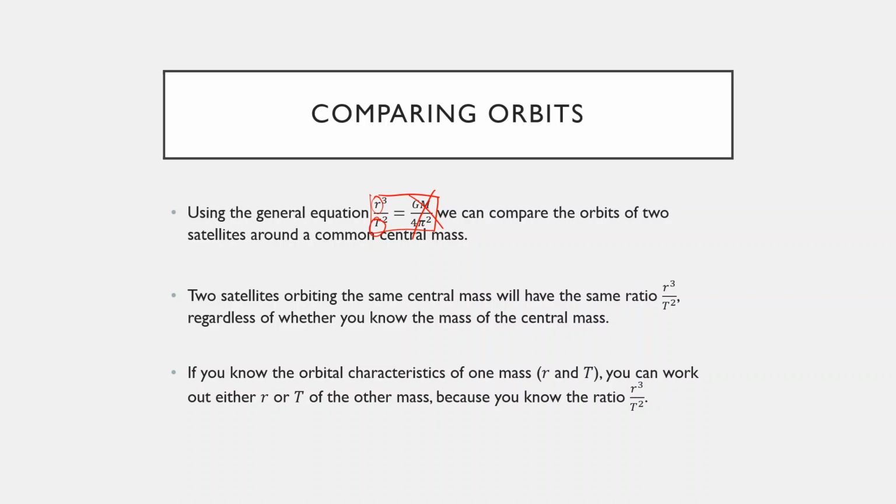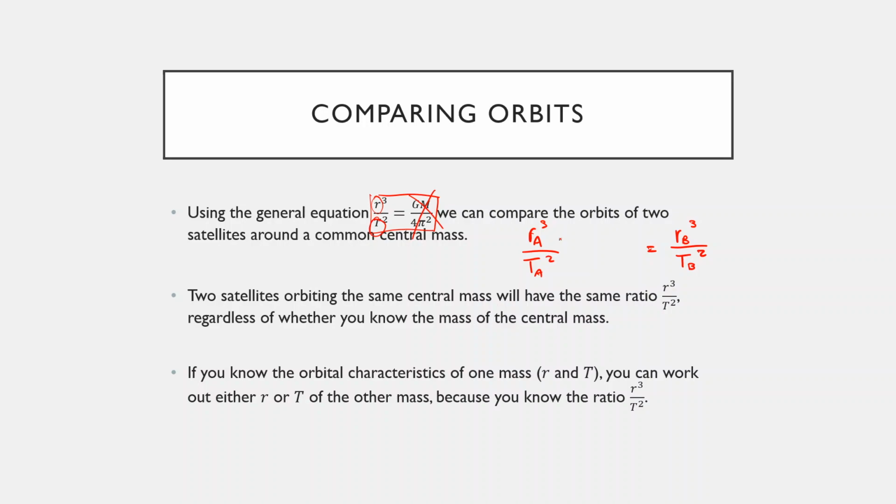Because what we can do is say that the orbital radius of planet A cubed divided by the orbital period of planet A squared, well, sure, that's equal to GM over 4 pi squared, where M is the mass of the central body. But we can do the same thing for planet B, and we can go R_B cubed over period of B squared. That's also going to be equal to this GM over 4 pi squared, because they're both orbiting the same thing. So really, you can get rid of that entirely, and you've just got this relationship.